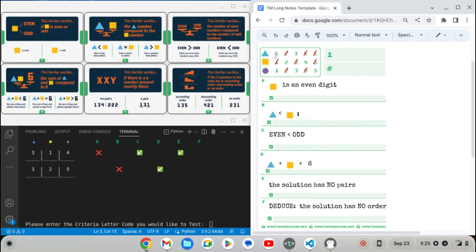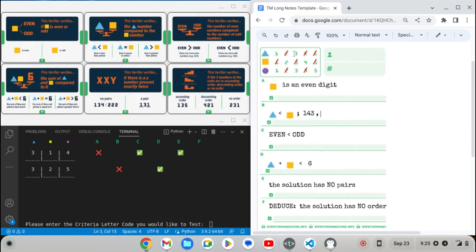Okay, so let's go to 1, 4. If it's 1, 4, I guess it could be 1, 4, 3. That's a possibility. It can't be 1, 4, 1 again because of the duplicates, and it can't be 1, 4, 5 because that's ascending. And it can't be 3, 2 because triangle would be larger than square, and that's not allowed.